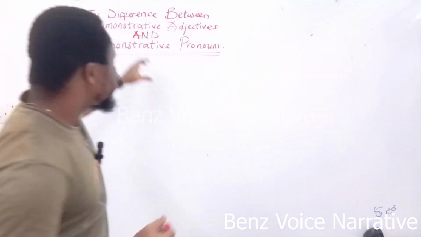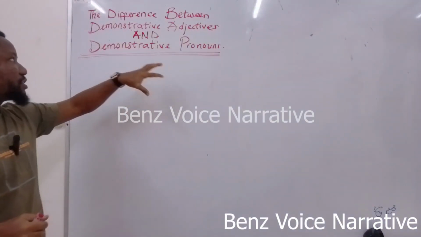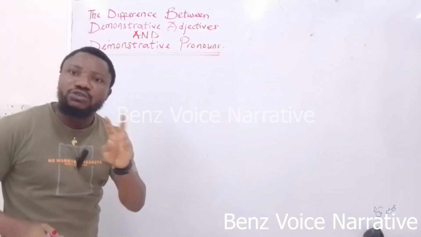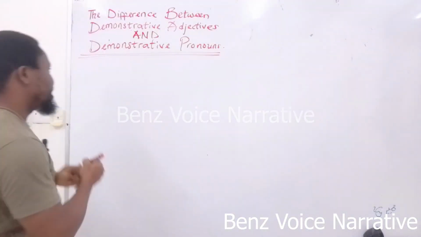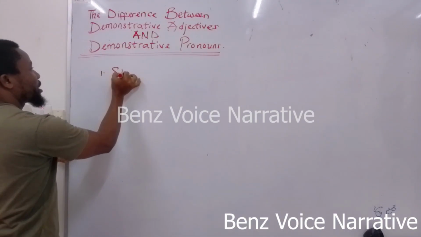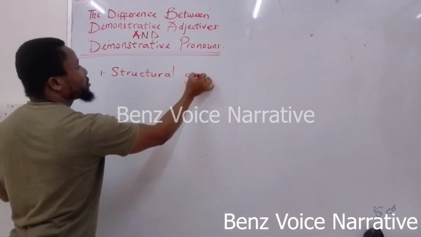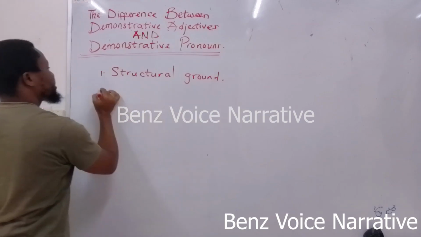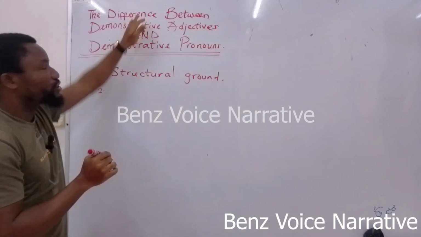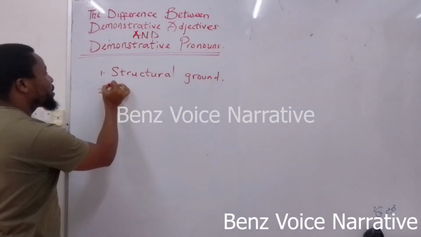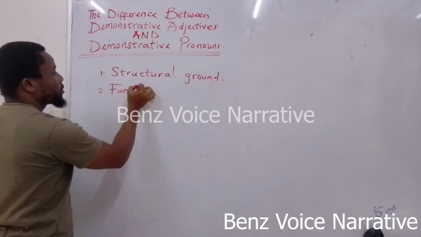Now, we'll be looking at the differences between demonstrative adjectives and demonstrative pronouns on two grounds. The first is on structural ground. And secondly, we're looking at the differences between these two concepts on functional ground.